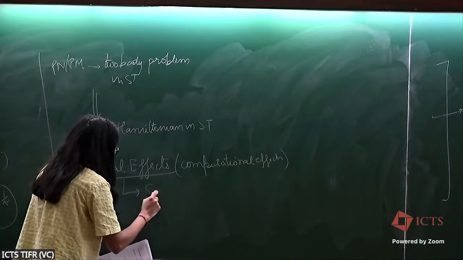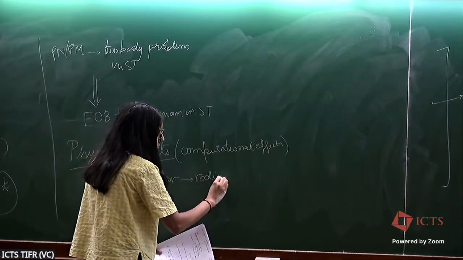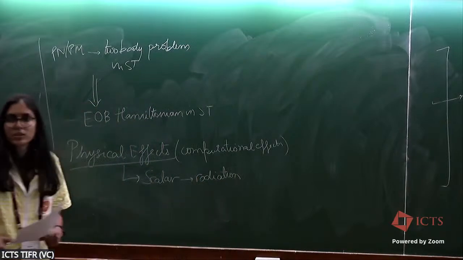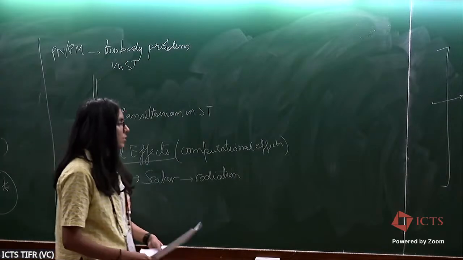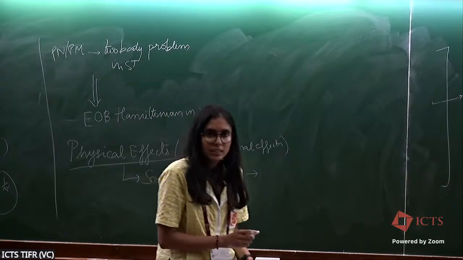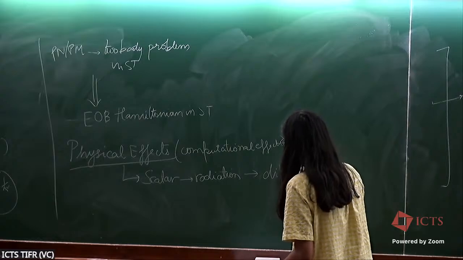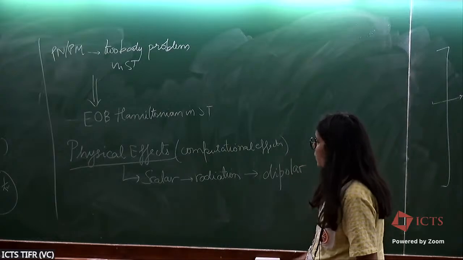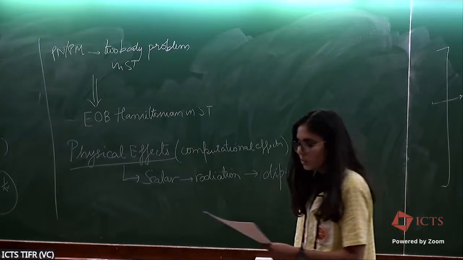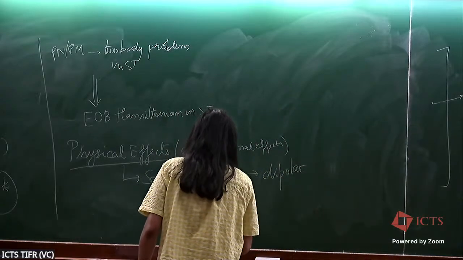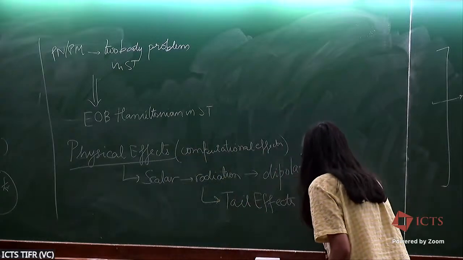The physical effect is now there is a scalar field propagating, which implies there would be scalar radiation as well. In addition to the tensorial radiation coming from the gravity, there would be scalar radiation. Scalar radiation starts at a lower order than the gravity case. Basically, there will be dipolar radiation also in the system. If the system has dipolar radiation at a lower order than the quadrupole radiation in GR, what we expect is that the tail effects will start at a lower order.